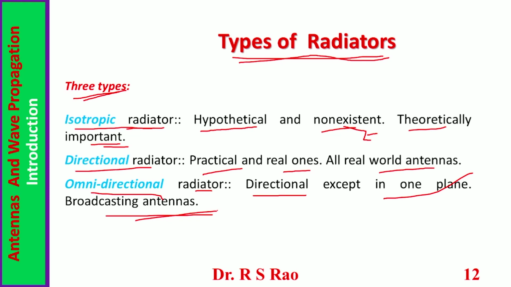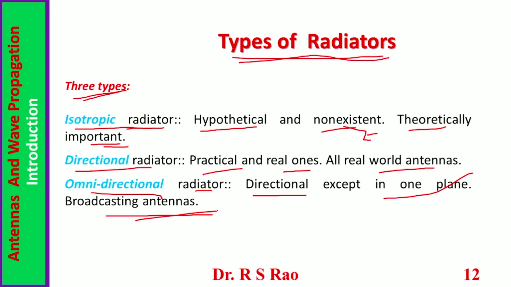What is a directional radiator? In reality, isotropic radiators do not exist. Real world radiators radiate more in some directions and less in other directions, so their radiation exhibits a certain directional nature.